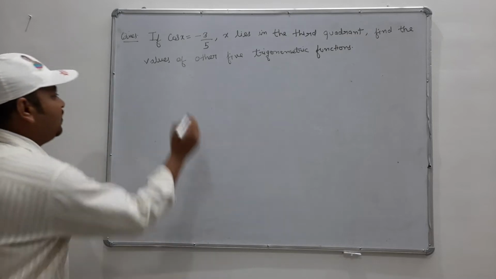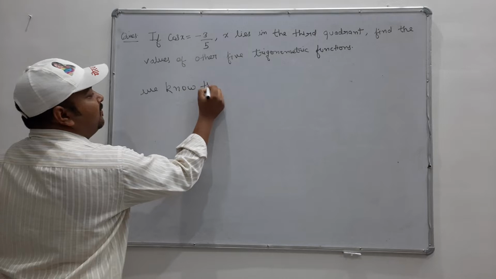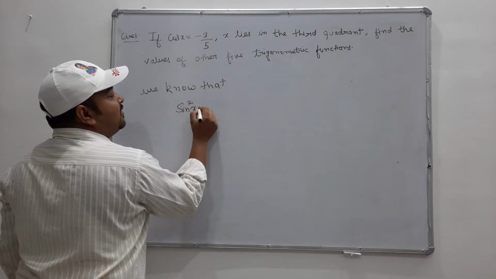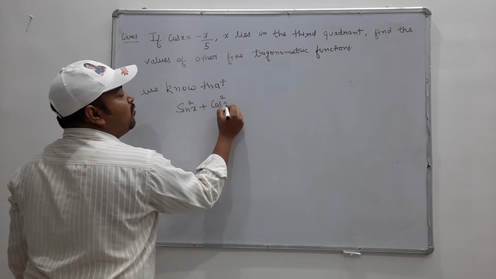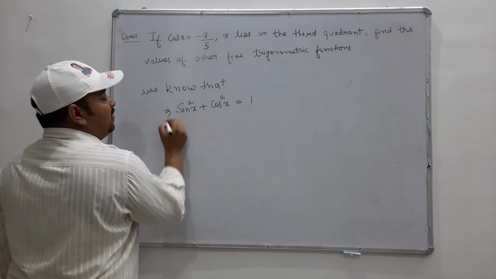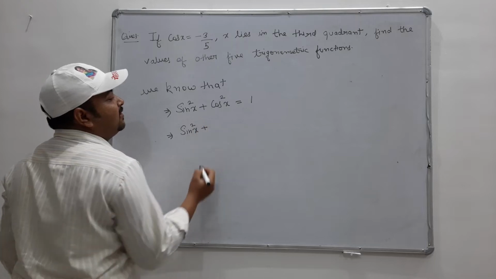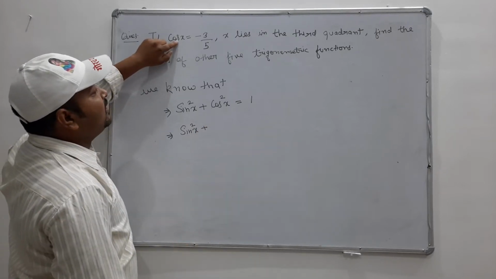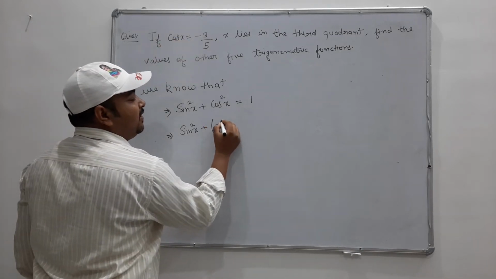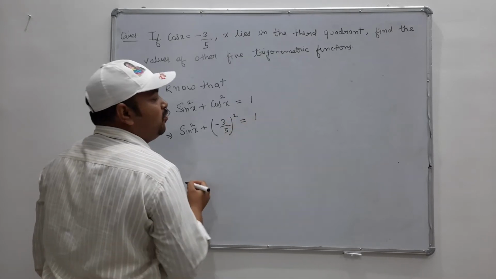So we will solve. First of all, we know that sin square x plus cos square x is equal to 1. Then sin square x plus, by putting the value of cos x is equal to -3/5, we will get -3/5 whole square is equal to 1.